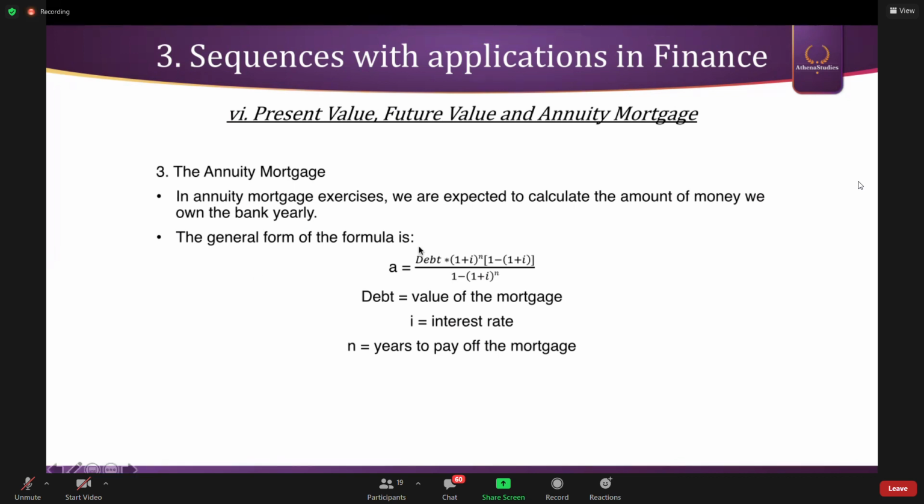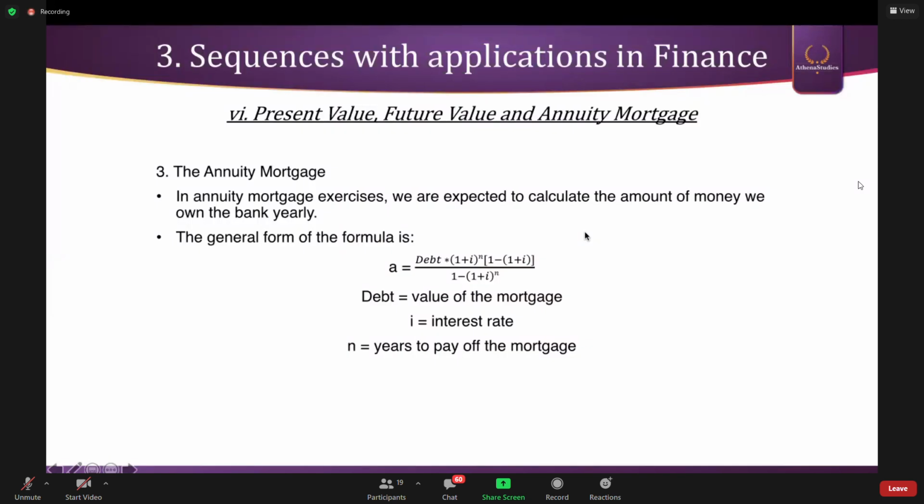The general formula is A, the amount of money we owe, calculated as the amount of money originally owed to the bank, so the mortgage, multiplied by 1 plus interest rate to the number of years we have to pay, multiplied by 1 minus 1 plus the interest rate, everything divided by 1 minus 1 plus the interest rate to the power of the number of years that we have to pay the mortgage for. I've also written down what the debt, I and N mean in case you forget when you're doing exercises on your own.